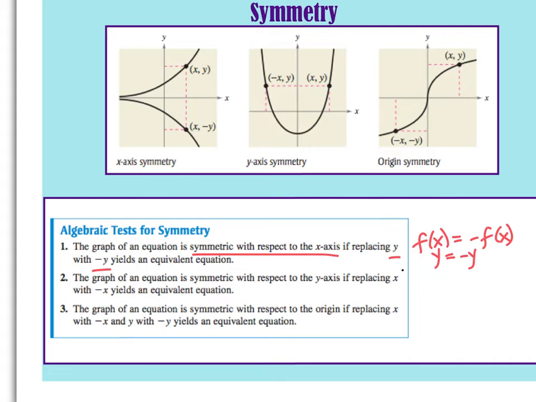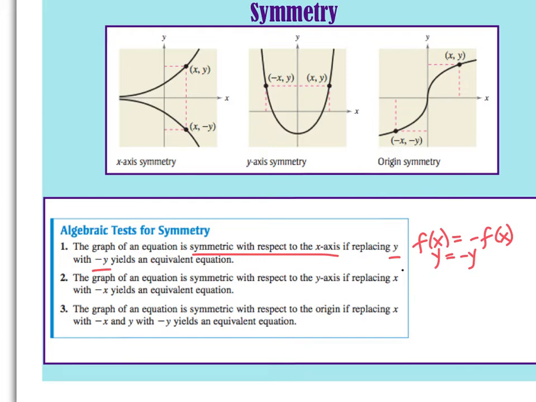When that occurs, you have x-axis symmetry. Just like when you found an intercept, what did you change? You changed the other one. So for x-axis symmetry, who am I changing? The y again. I make it negative y, and I need to see if it's equivalent to just the y.